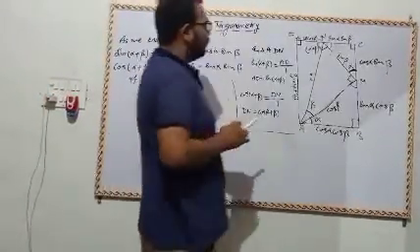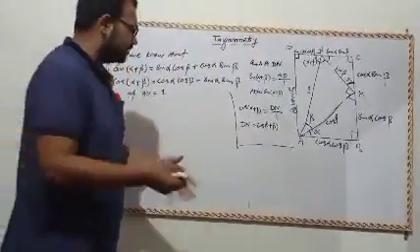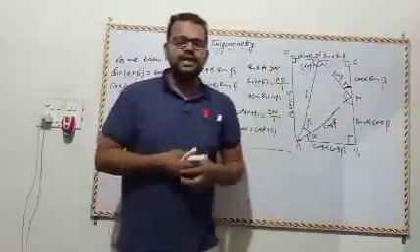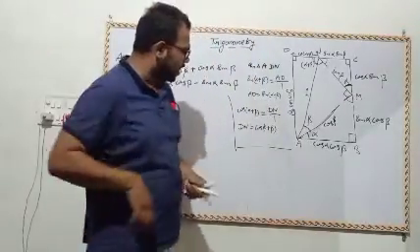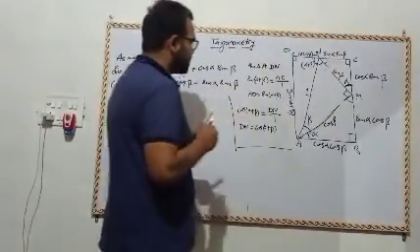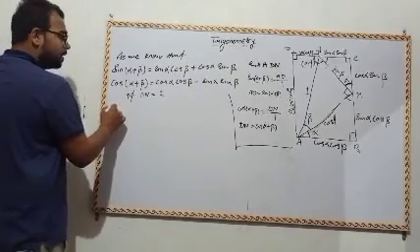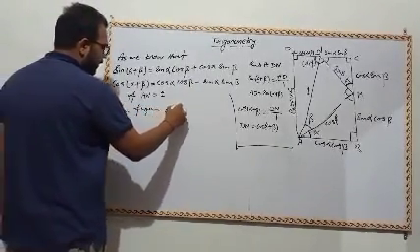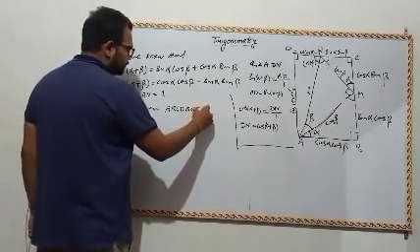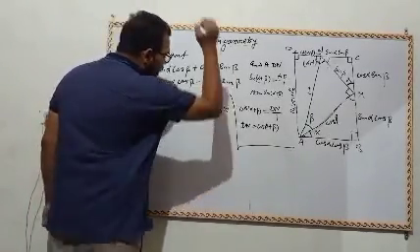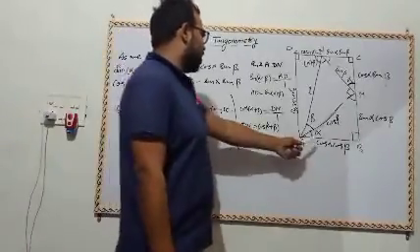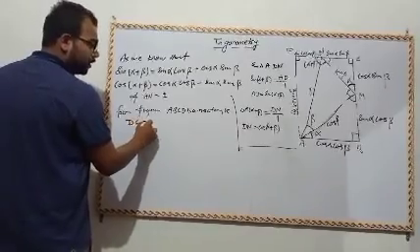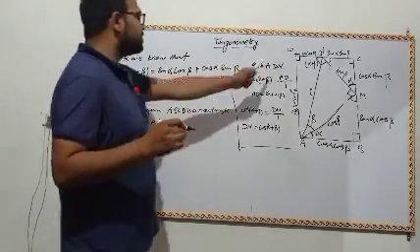Now we have found all the sides. ABCD is a rectangle. If ABCD is a rectangle, it means opposite sides are equal. It means DC is equal to AB. What is the value of DC?